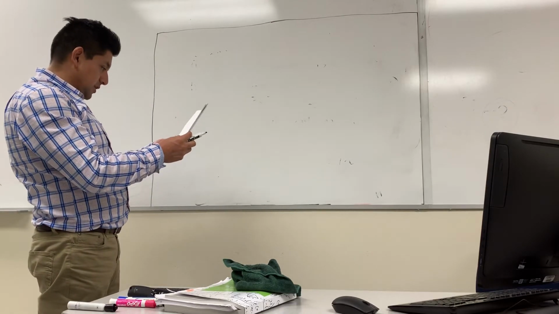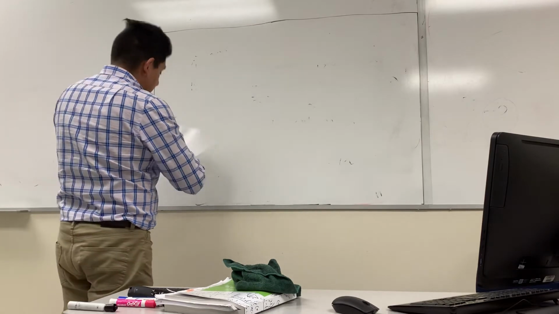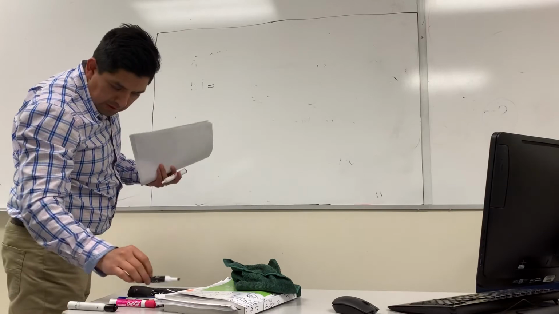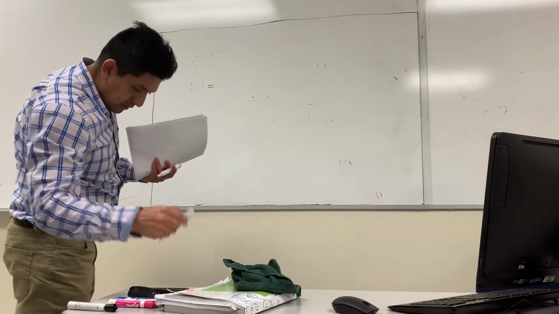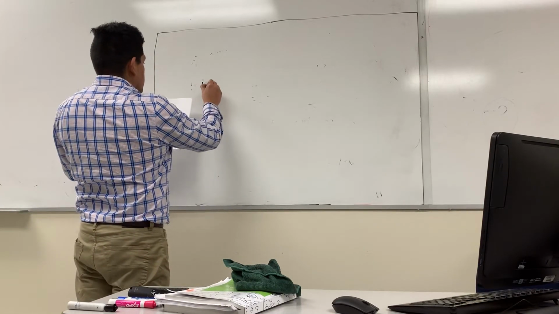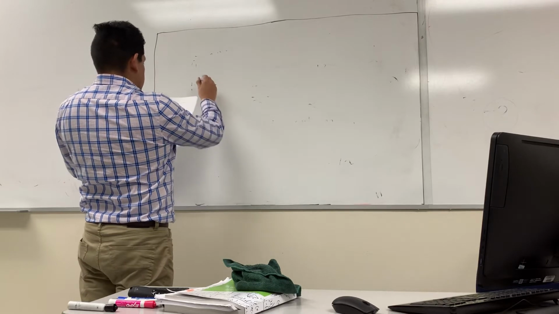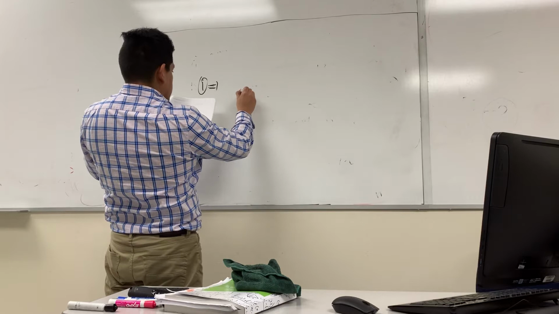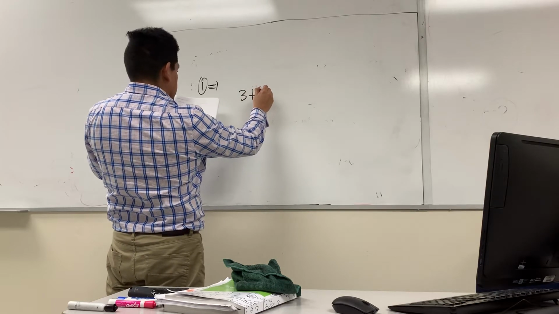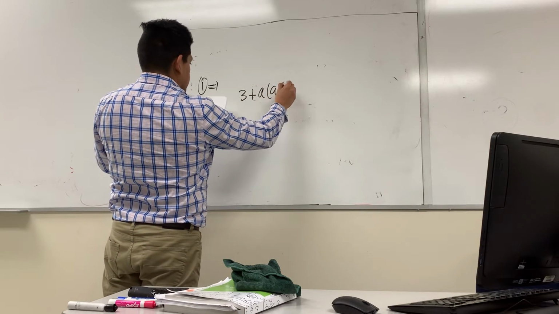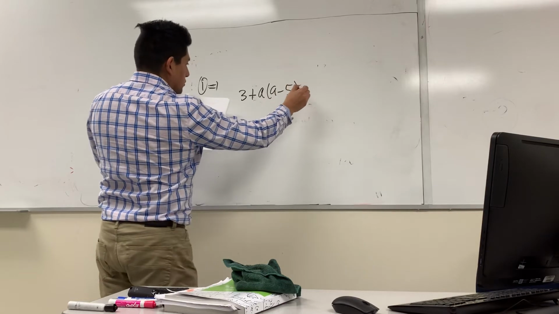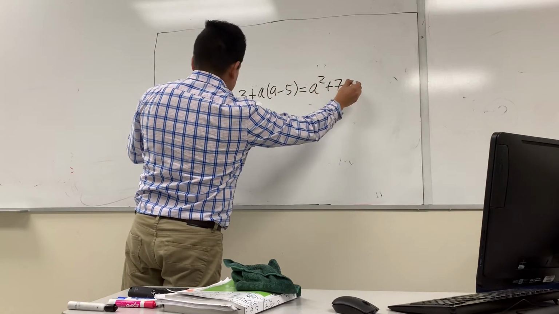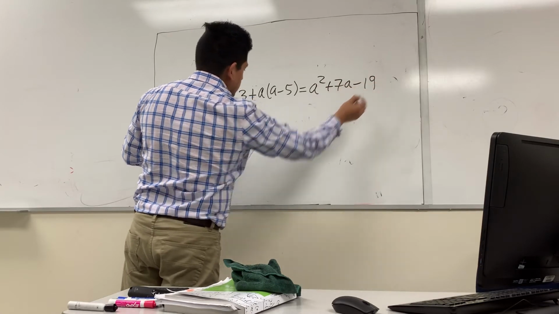Okay, so now we are into I. So the problem I we have is 3 plus a times a minus 5 equals a squared plus 7a minus 19.